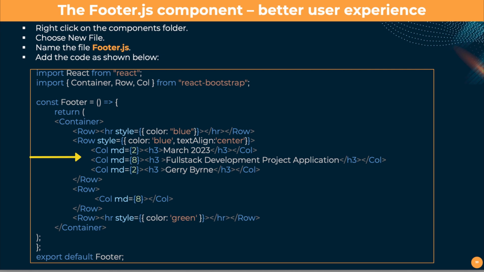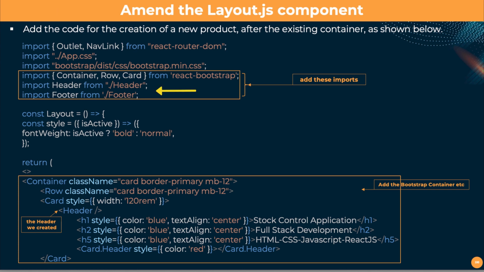And once we have created the header and the footer, we will want to put them into our layout. So we have to import the header and import the footer. And then we're going to amend our code inside the layout.js to have a wee bit more bootstrap. But inside the bootstrap container and the card, we will have our header.